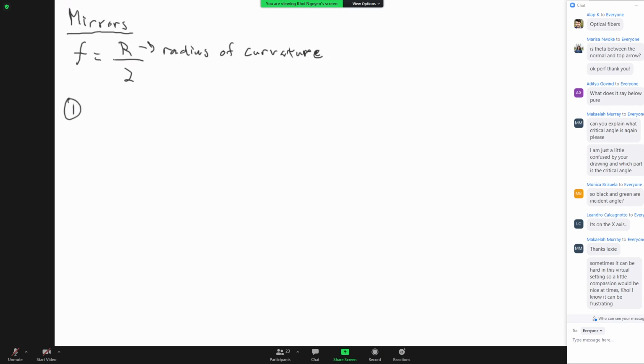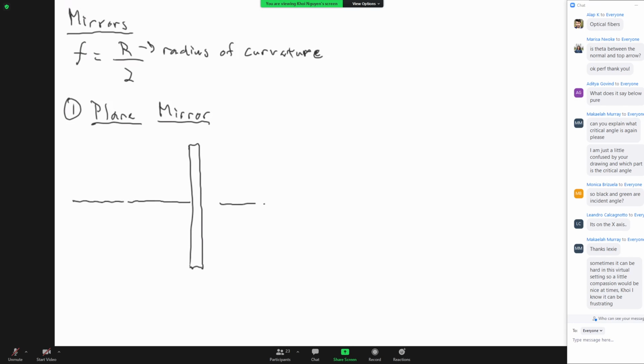There's 3 types of mirrors that we need to know. The first is the plane mirror. So always draw your device. It's good to make a sketch. Here's our optical axis. Here's our object. Okay.